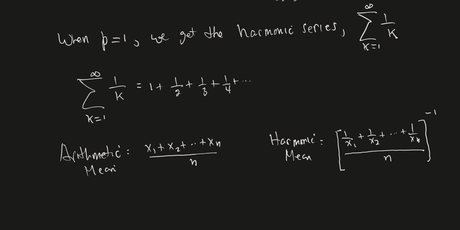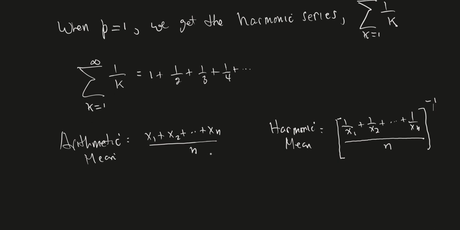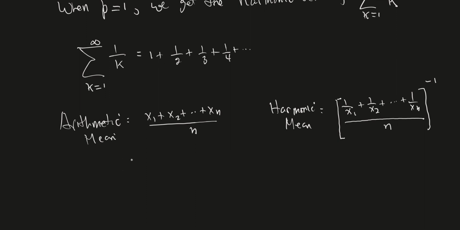Well, it turns out that the terms in your harmonic sequence, if I just write it down without adding them up, I'll have the terms 1, 1/2, 1/3, 1/4, 1/5, 1/6, etc. Let's leave the 1 in there.